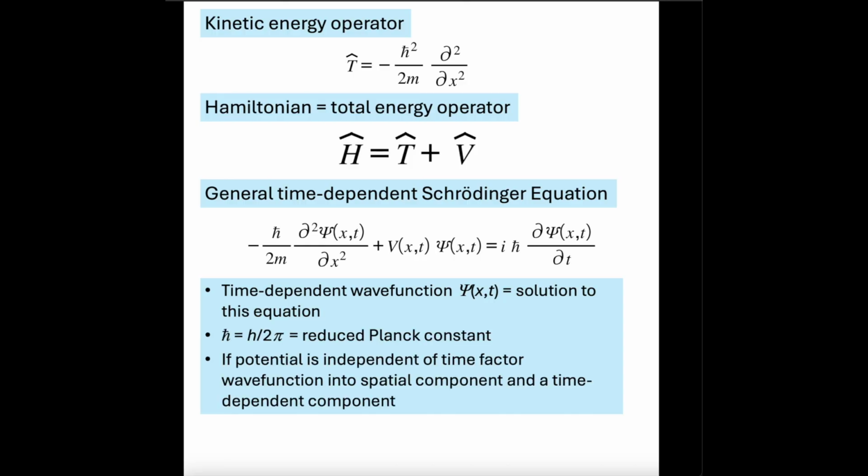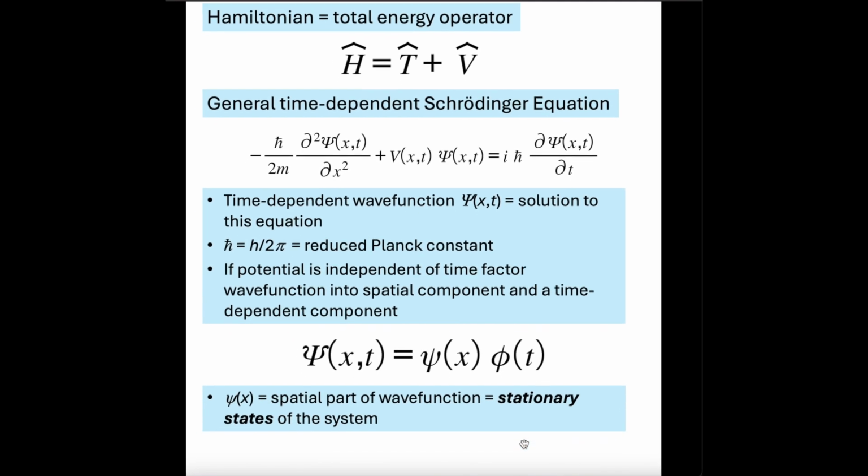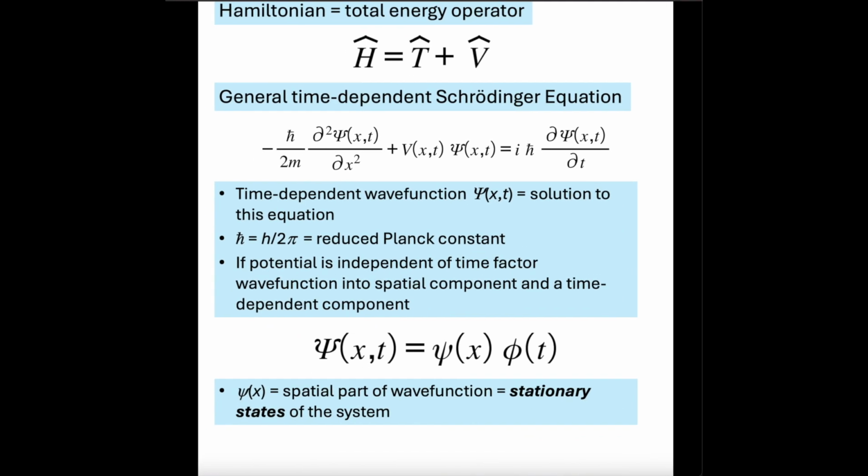More importantly, if this potential over here is independent of time, that will allow us to factor the wave function itself. That time-dependent wave function can be factored as a spatial component times a temporal component. And this spatial component, the spatial part of the wave function, describes the stationary states of the system.